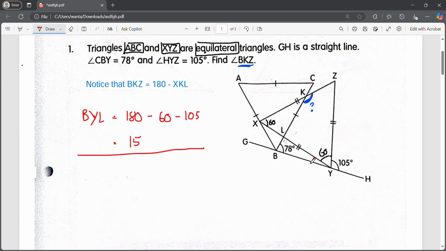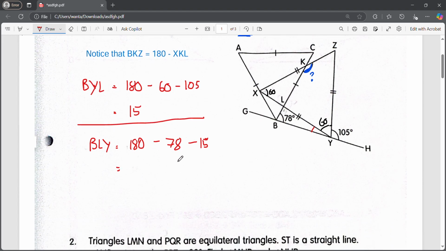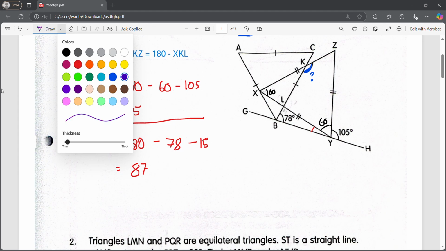BYL is 15. So in this case, we can find BLY since we know 78 and we know 15. So BLY is 180 minus 78 minus 15. 78 and 15 makes 93. 180 minus 93 is 87. So BLY is 87.